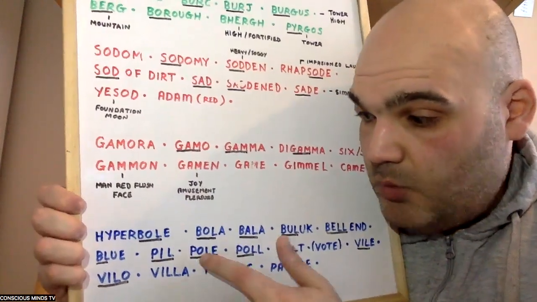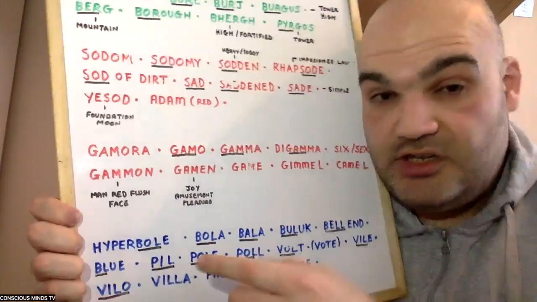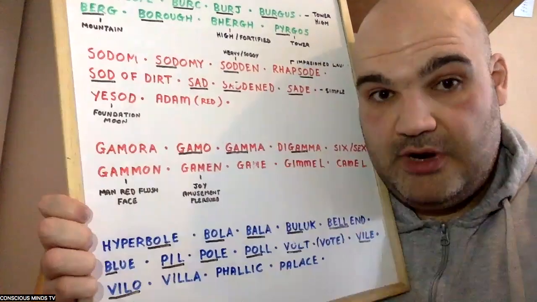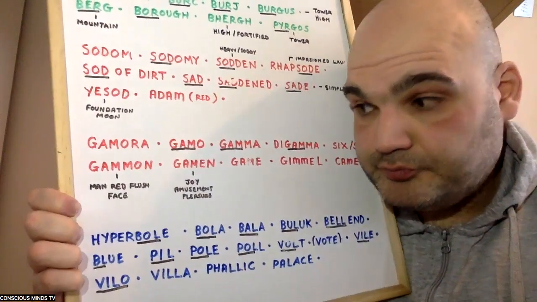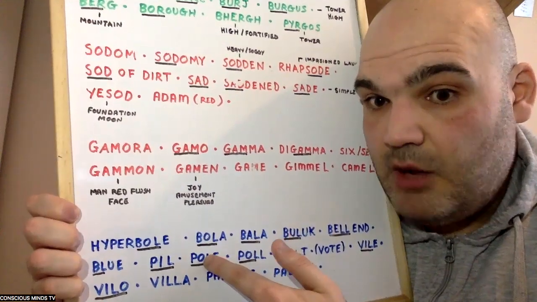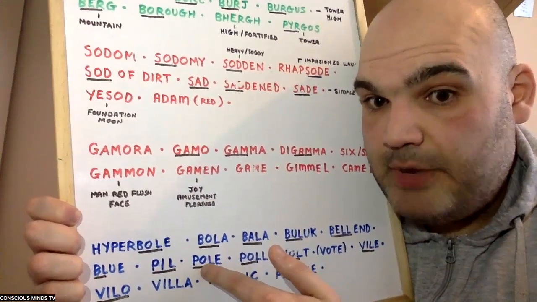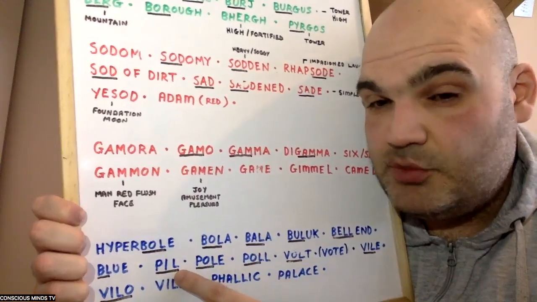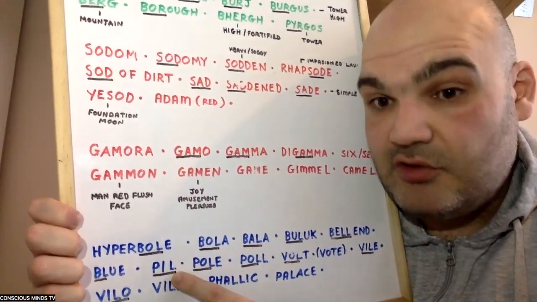So then when we look at the word pole, which is where the hyperboloid is the pole as well, because that's the North Pole in the center, we can, again, I and O are interchangeable. So from pole, we get the word pil, which is a Turkish word, which means battery.